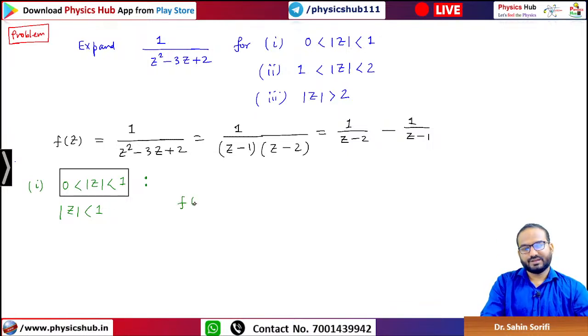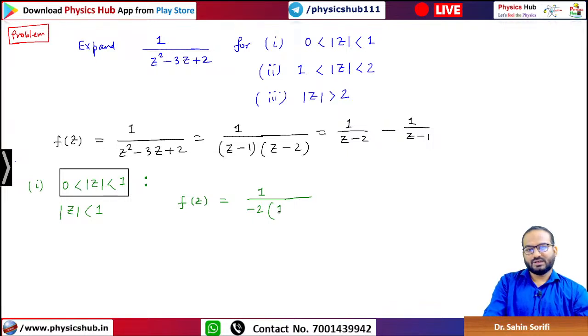So you see f of z is equals to 1 by z minus 2. So what you have to take common? Minus 2 you have to take common. If you take minus 2 common, what you get? 1 minus z by 2.